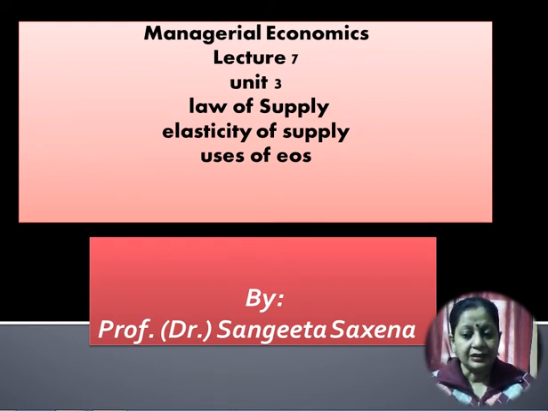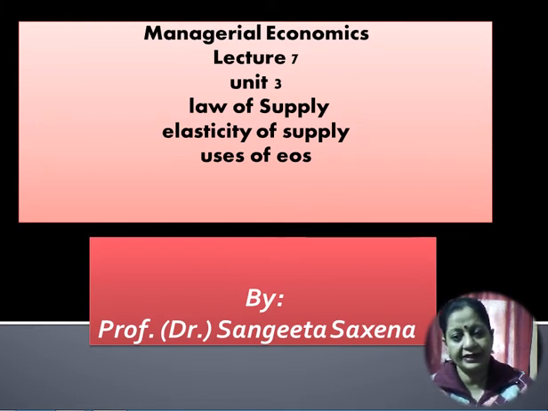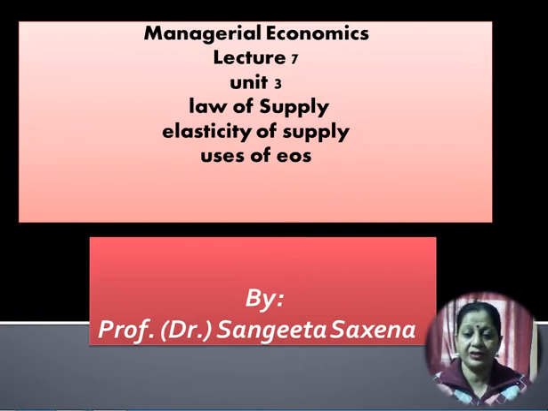Customers will buy more goods at less price, but suppliers or producers will supply more goods at more price, not at less price. So that's why in law of demand there is an inverse relationship between the price and quantity demanded, and in law of supply there is a direct relationship between the price and quantity supplied by the producer or supplier. So now let's proceed with the lecture.